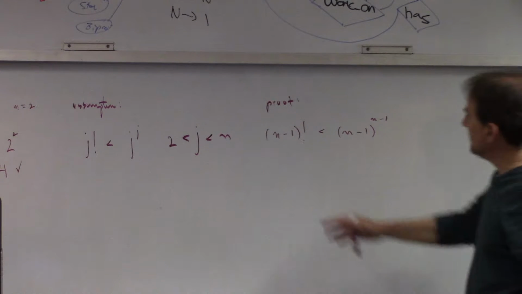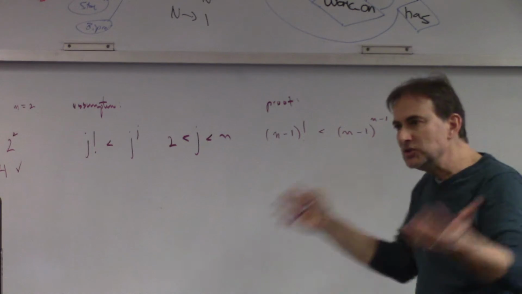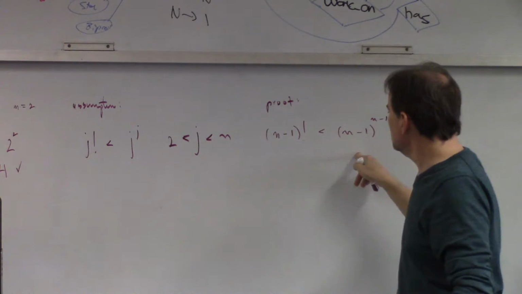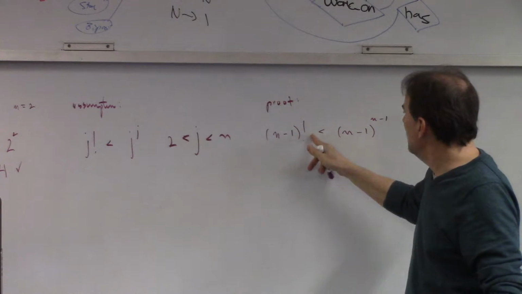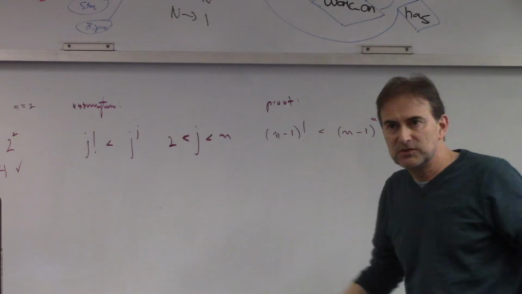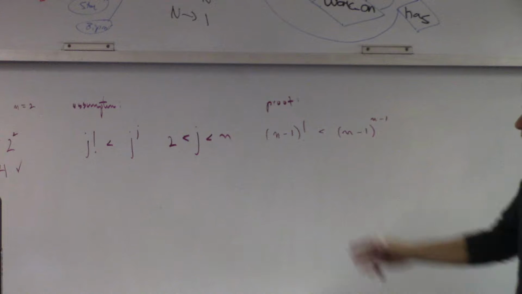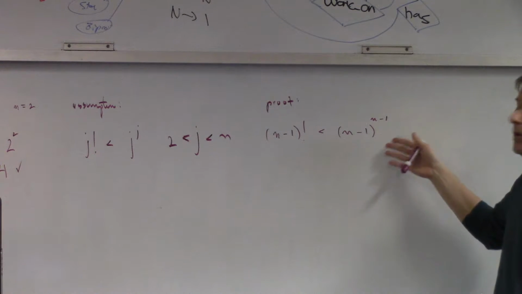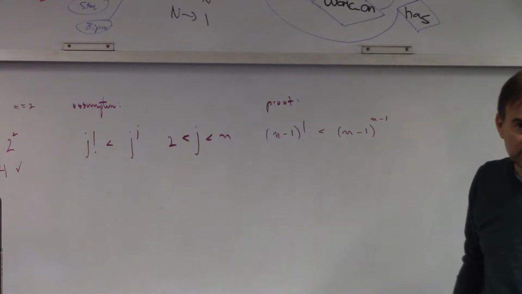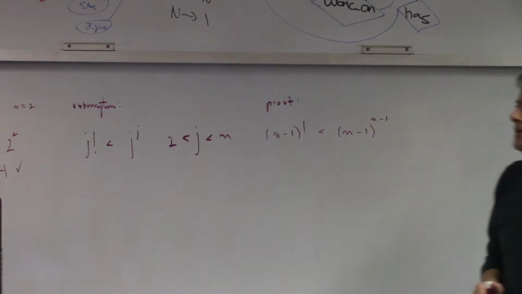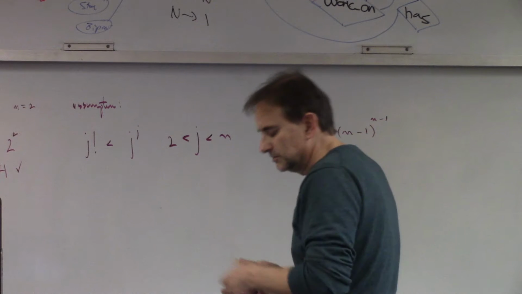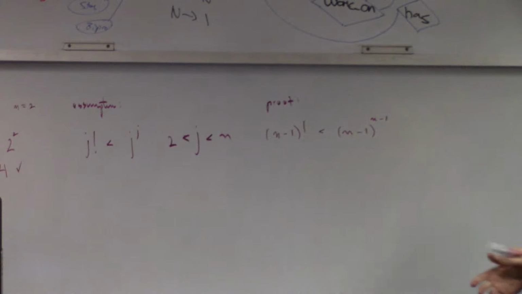If I want to multiply both pieces by 2, I can do it, because if this is less than that, then twice this is less than twice that. If I want to add 1 and add 1, I can do that because I'm doing the same thing. So I'm free to do any legal mathematical operation that's going to make it easier for me.